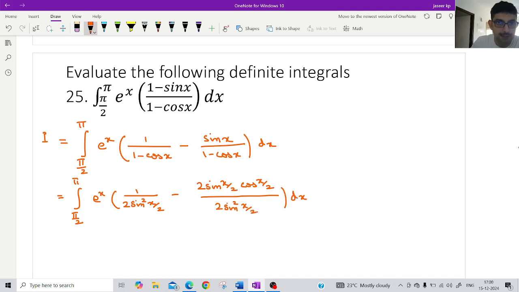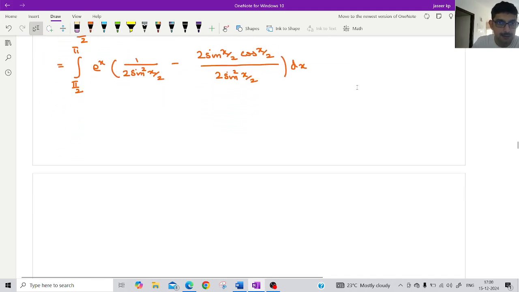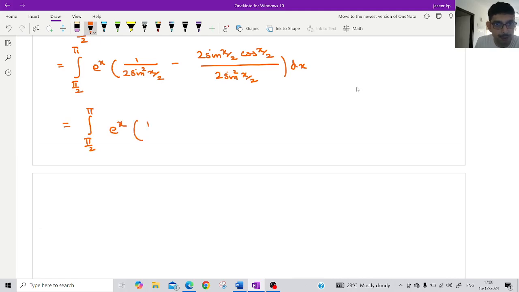Now on simplification, pi by 2 to pi e power x will become 1 by 2 cosecant square x by 2 minus cot x by 2.